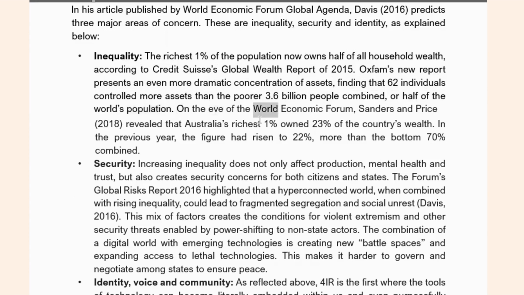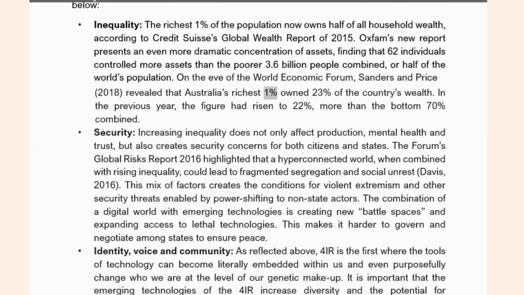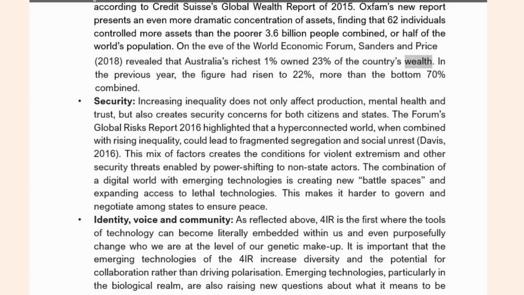On the eve of the World Economic Forum, Sanders and Price (2018) revealed that Australia's richest 1% owned 23% of the country's wealth. In the previous year, the figure had risen to 22%, more than the bottom 70% combined.